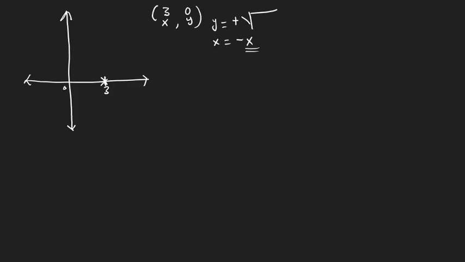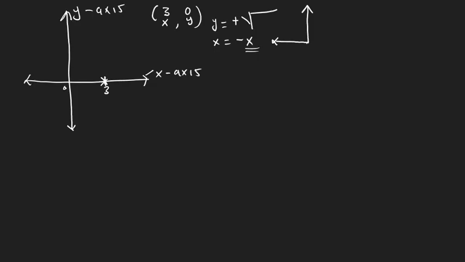How are we going to plot our graph? Since the radical is positive, the radical is representing the y-axis. This is going to be our y-axis. This is going to be our x-axis. Since the radical is positive, we will be moving in the positive y-axis upward. But since x is negative, we'll be moving in the negative direction like that.